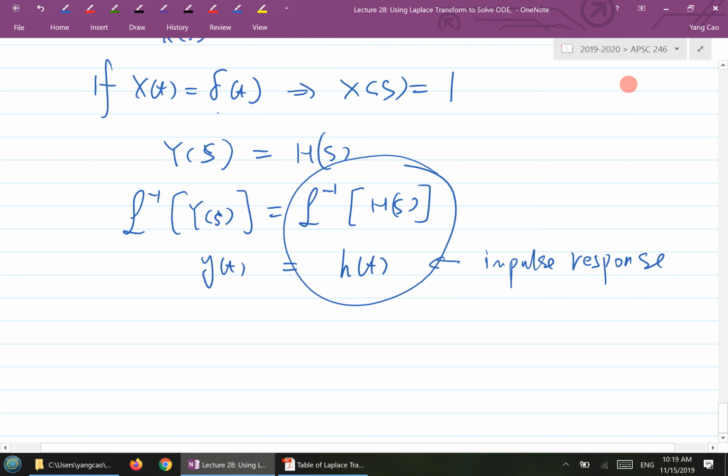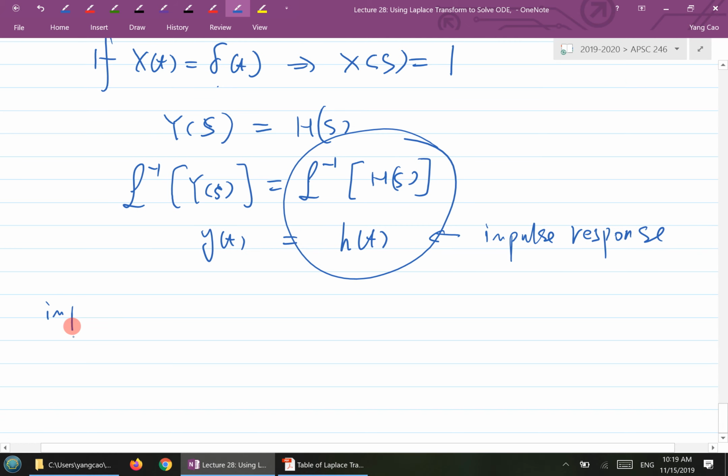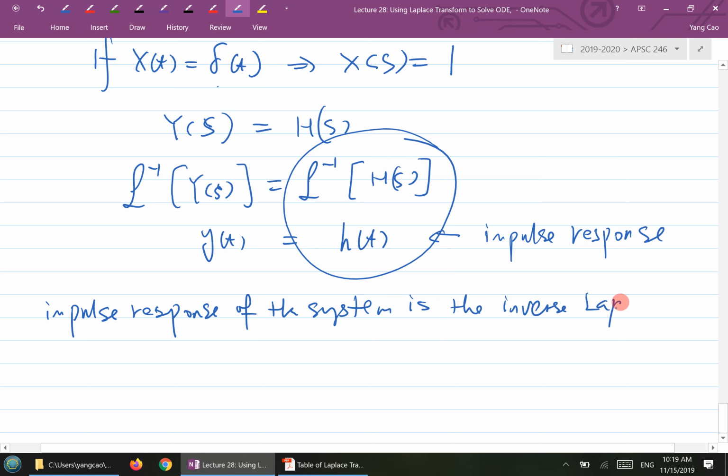So I'll write it down here. The impulse response of the system is the inverse Laplace of the transfer function. So that's mathematically how you can get the impulse response.